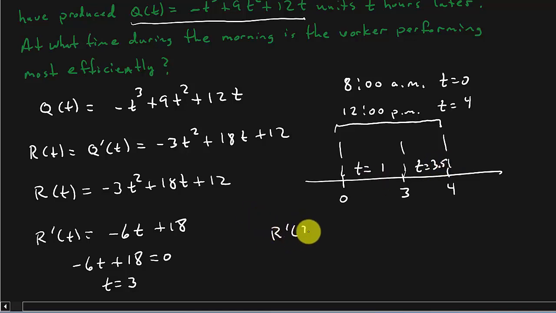Okay, so I've got r prime of 1. If I plug the 1 into here, that's positive, and so that's increasing.